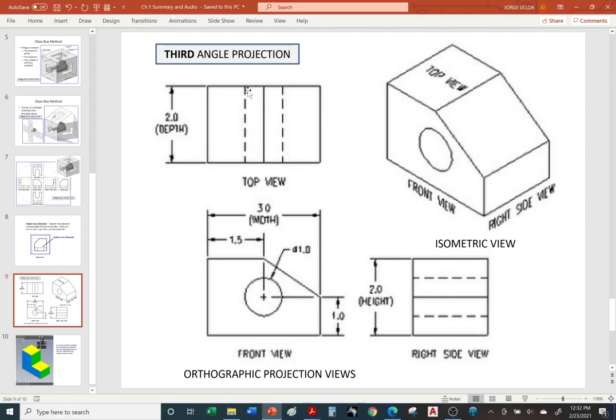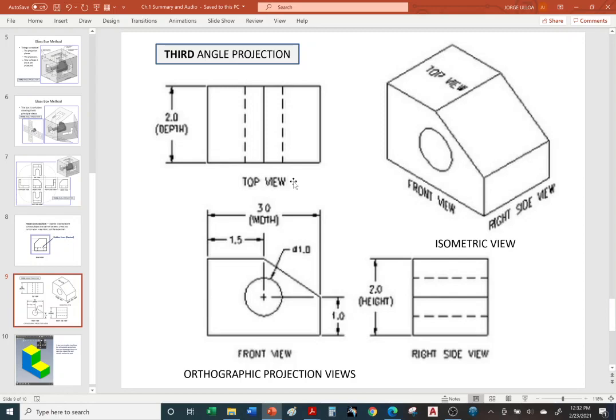Same thing at the top. We have these dashed lines representing the hole. So we go to the left quadrant, right quadrant of the hole, and go straight up, and everything lines up. This left edge lines up with this left edge. This edge here, right? This top edge lines up with this vertex, and so on, okay? So it's very important that you keep all three views in line with each other.